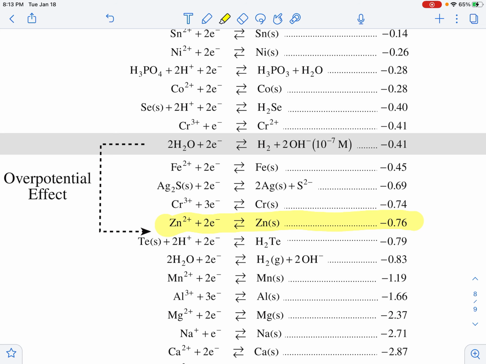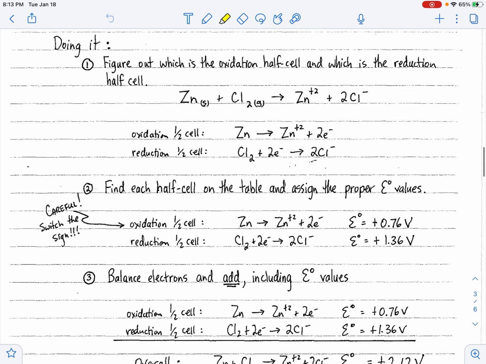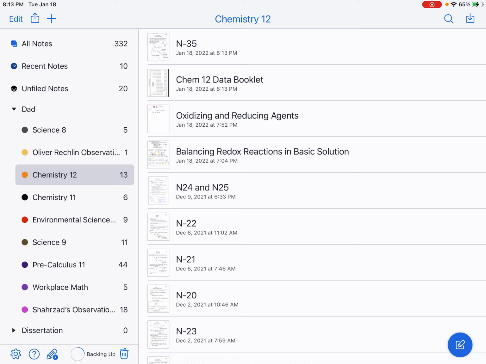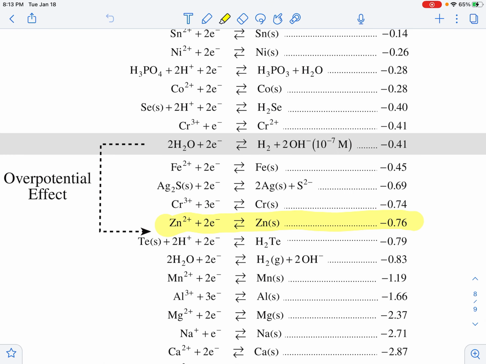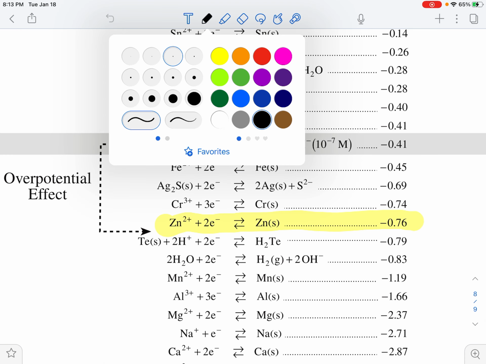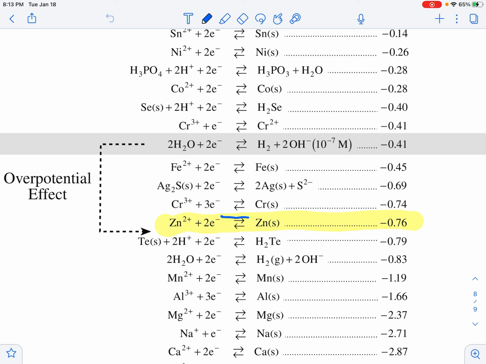And so in the question, there it is right there, so it's Zn going to Zn plus 2, which means that you're actually going in that direction, right? So we're starting with the Zn and we're going to Zn plus 2.